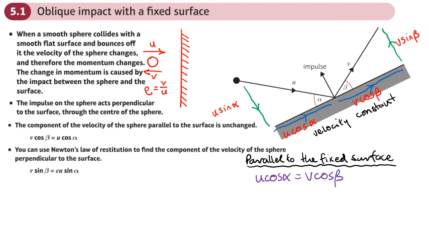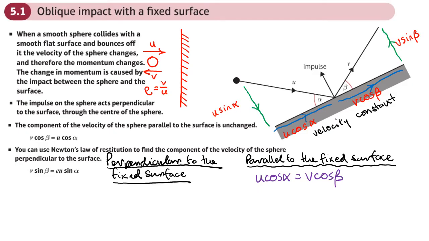So parallel to the fixed surface, the velocity doesn't change, but it does change perpendicular to the fixed surface. Perpendicular to the fixed surface, there will be a change in the velocities, and that will be connected to the coefficient of restitution.